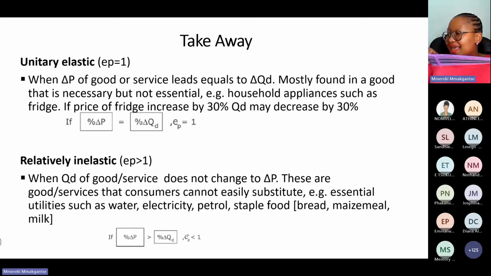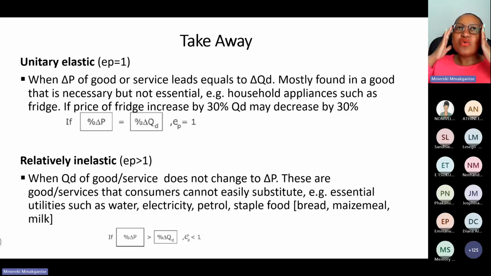An example of this is petrol. Remember, we made this example in the beginning. Another example is staple food, bread, eggs. Is there a substitute for eggs? No. Is there a substitute for normal tap water, not your fancy sparkling water? There's no substitute, so it's inelastic.